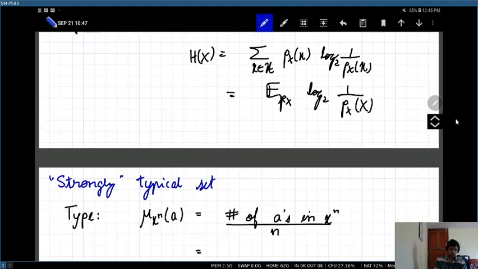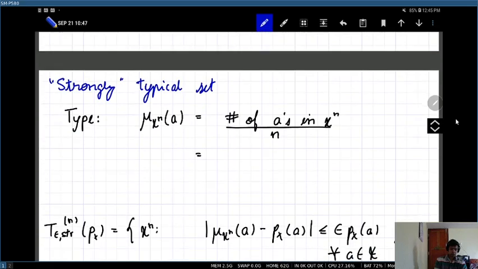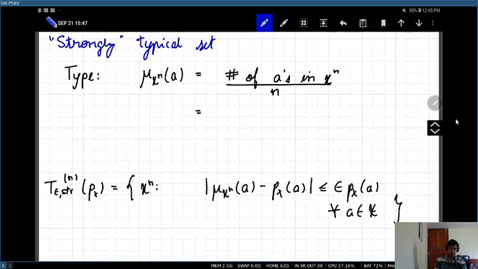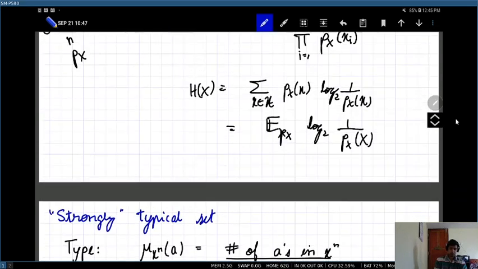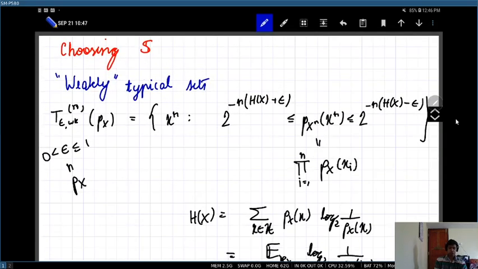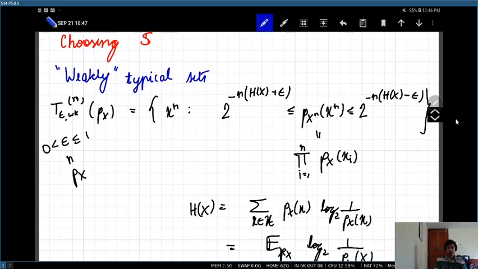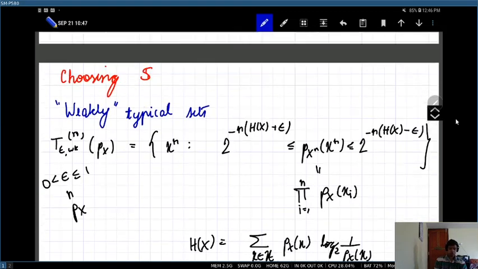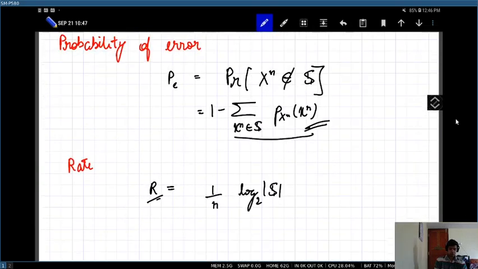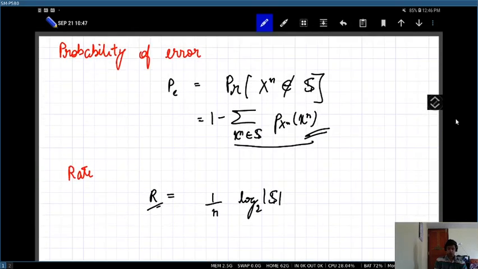Now instead we'll use the following set, which is called a strongly typical set. So this is one candidate of S, which helps us get a bound on the achievable rate for compression. So our goal is to design a good compression algorithm, basically one for which the probability of error is vanishing in n and the rate is as small as possible.